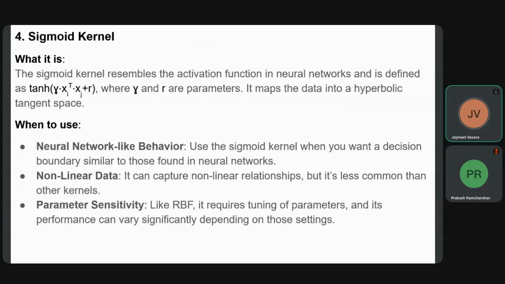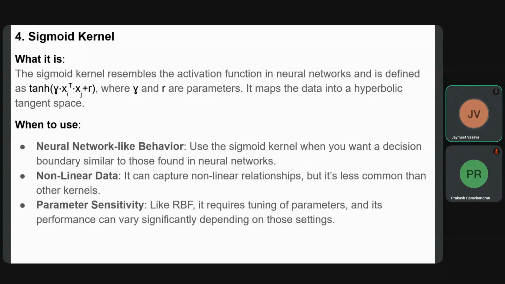So moving to our fourth kernel, the sigmoid kernel. Sigmoid is also used as an activation function in neural networks.